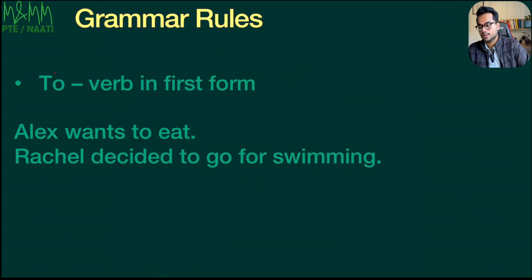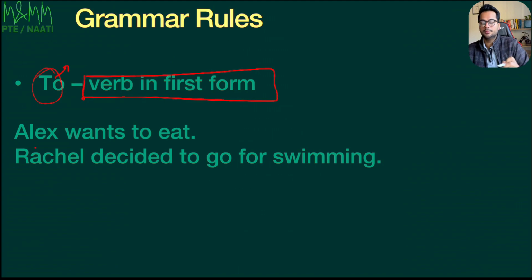Next one. This is your preposition rule. If you see the word "to" written anywhere in a sentence, which is a preposition, and there is a blank after the word "to", it is always going to be a verb, which is an action word, in your first form, the simple form. Example: Alex wants to dash.